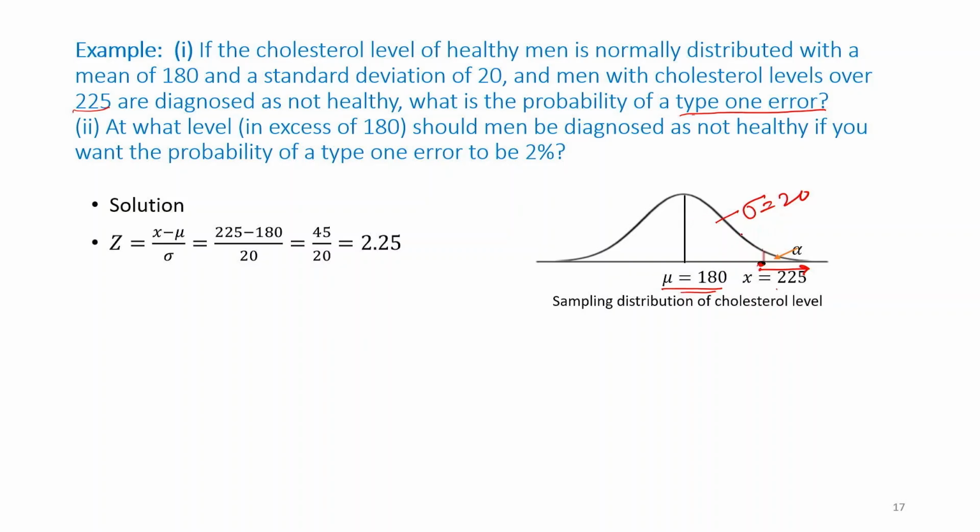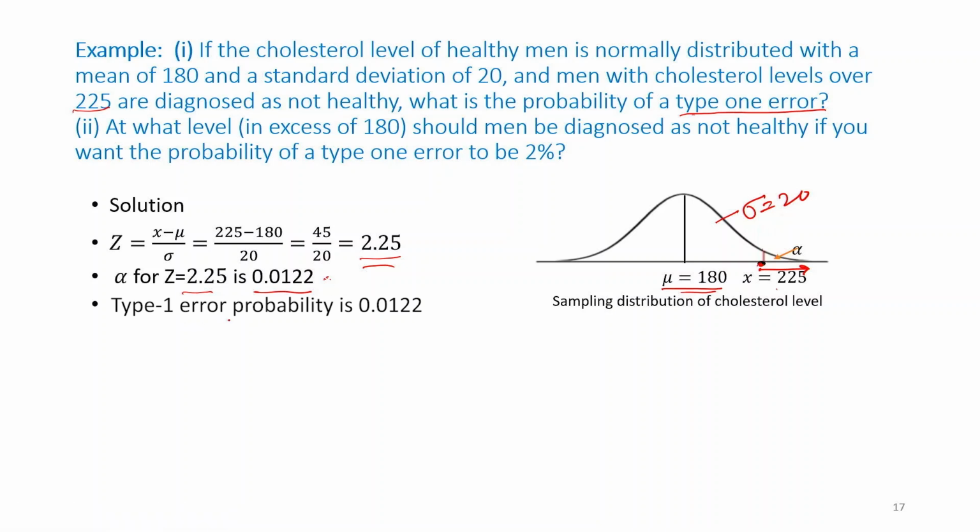in that case, we find out what is the corresponding value of Z when X is 225. And that figure comes to 2.25, and the value of alpha for Z equal to 2.25 is 0.0122. You have to consult the table to find out this value. We will consult the standard normal distribution table, find Z 2.25 and what is the value of alpha there, and that alpha is 0.0122.